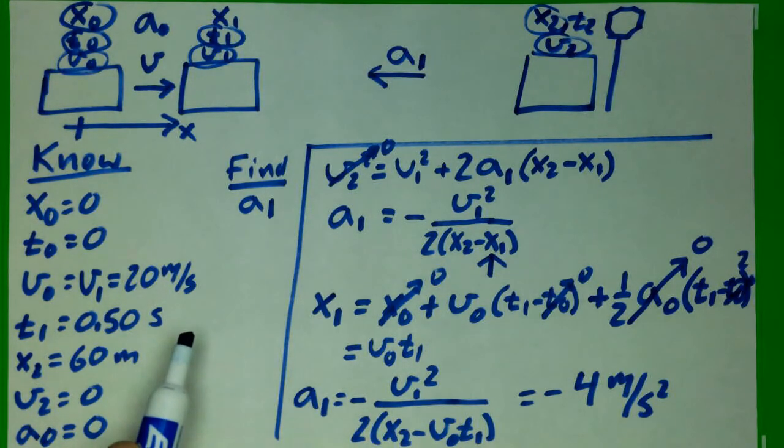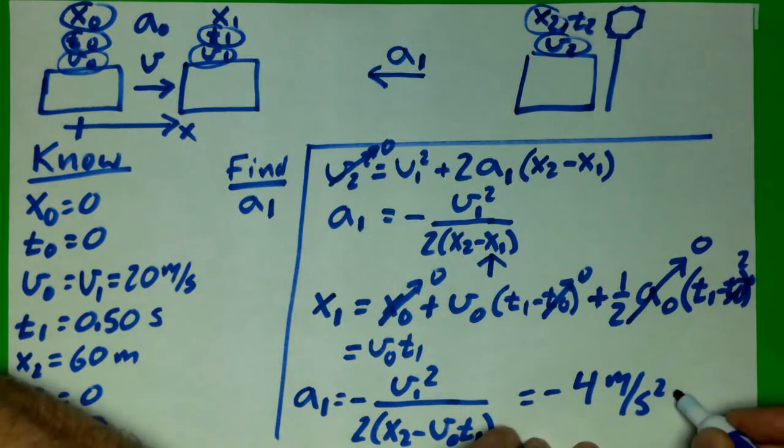That seems about reasonable. If you're traveling 20 meters per second, that's about 45 miles an hour, 60 meters away, you hit the brakes and start to slow down, then 5 seconds seems to be a reasonable time to slow comfortably down to a stop. So 4 meters per second squared does seem reasonable.